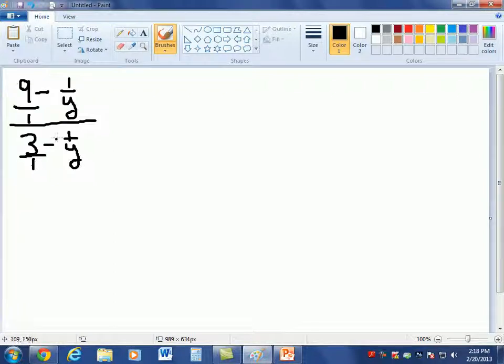How can we rewrite this? I'll do the first thing. So what do you think I'm going to write? Or what do you think I should write after that parenthesis? 9 over 1 minus 1 over y.